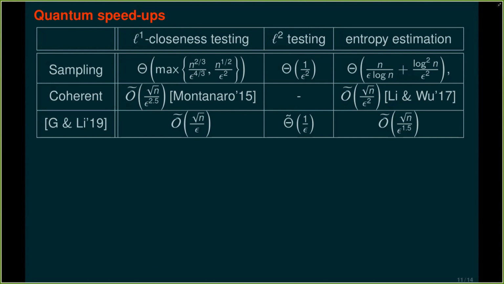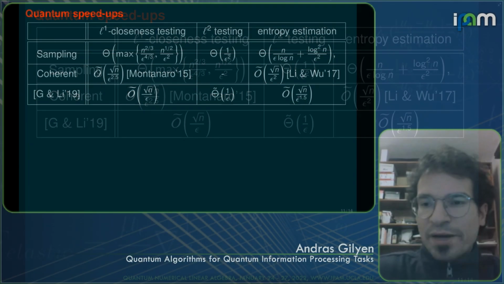The second line, coherent, is when you can sample in a quantum way as I described, which was the previous best algorithm. And using these techniques that I described in a paper with Tongyang Li, we have the best complexities so far for these problems. You get improvements mainly in epsilon and sometimes new algorithms.